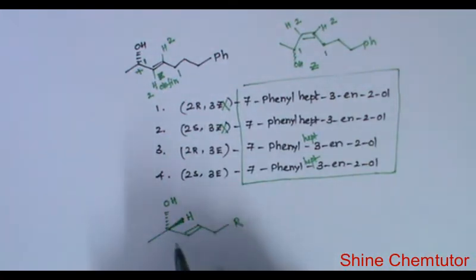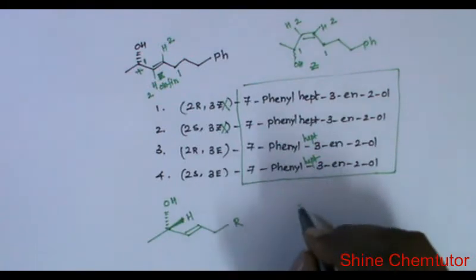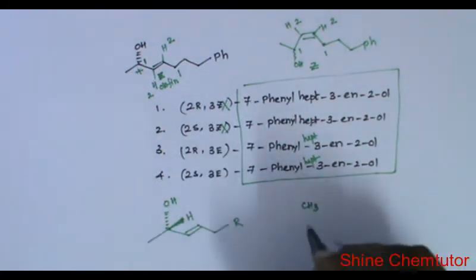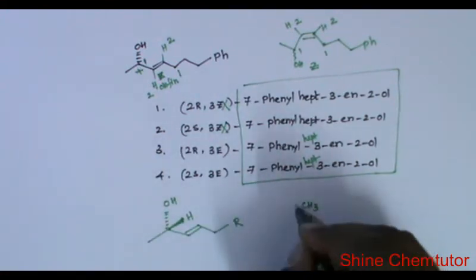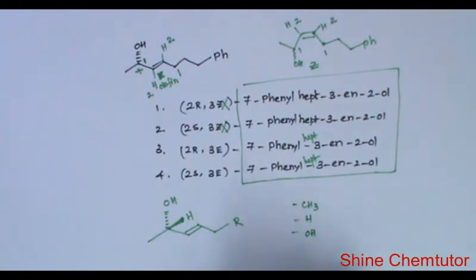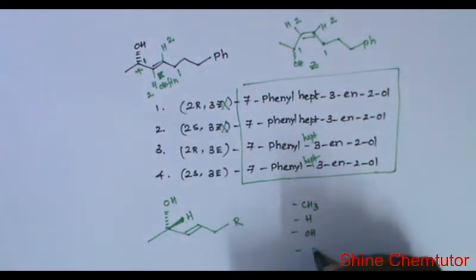Generally, if nothing is mentioned, that means it is hydrogen. That hydrogen should be a thick line, because OH is a thin line, so the hydrogen should be a thick line. Now, I write all the substituents. First one, CH3. Second one, hydrogen. Third one, OH. Fourth one.